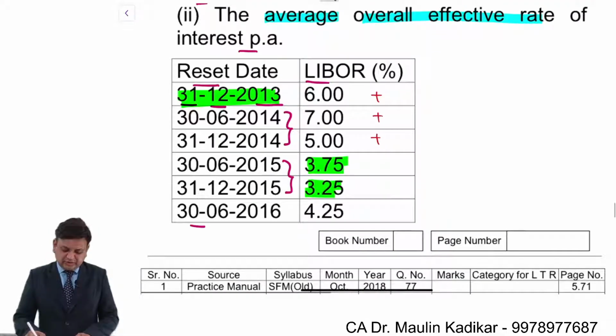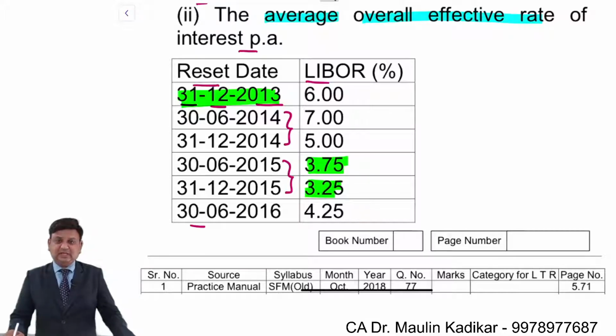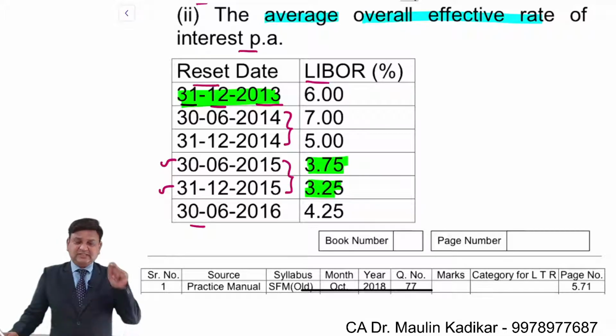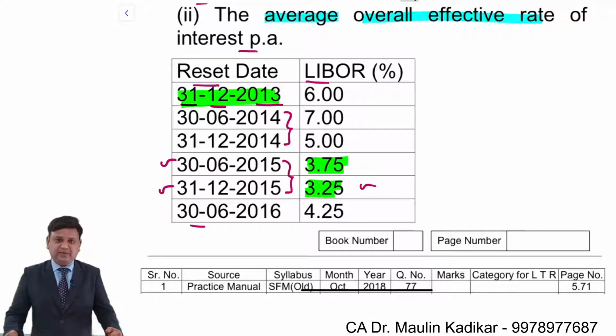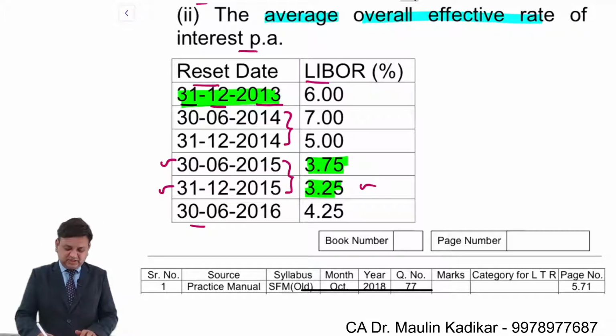And as I told you, we will make a comparison of directly the floating rate of interest with 4%. That is the reason that in these two situations, we have to pay. Otherwise, if you make a comparison of LIBOR plus 0.5 with 4%, then only in this situation we would have paid. So this is only a small explanation for your understanding.